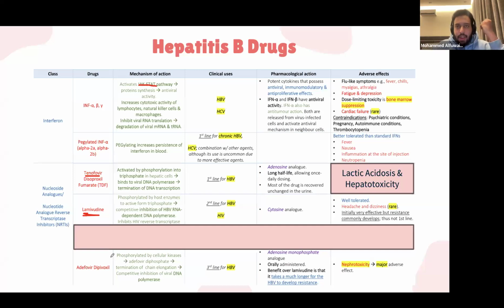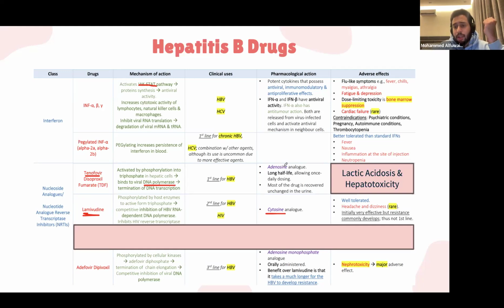Tenofovir and adefovir are similar. Lamivudine is a bit different in that it's a cytosine analog. Tenofovir and adefovir are adenosine analogs. Tenofovir will inhibit DNA polymerase, which will inhibit DNA transcription.